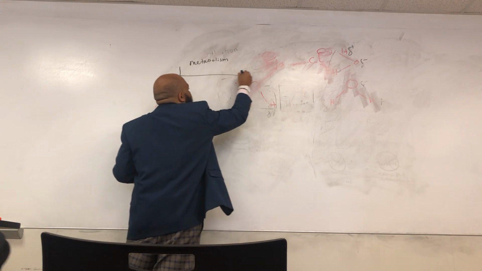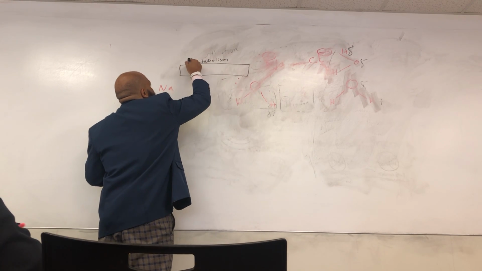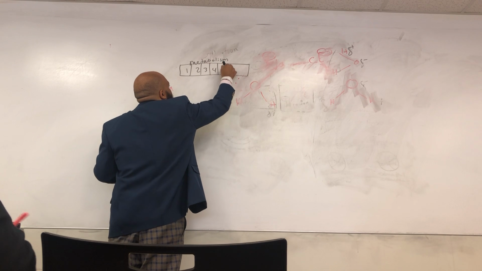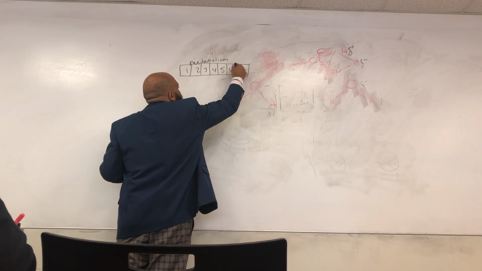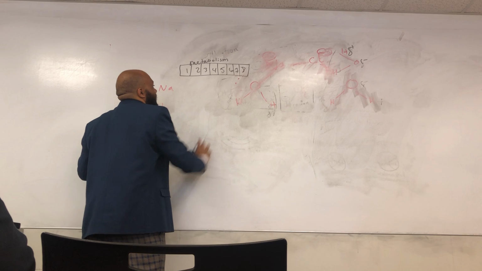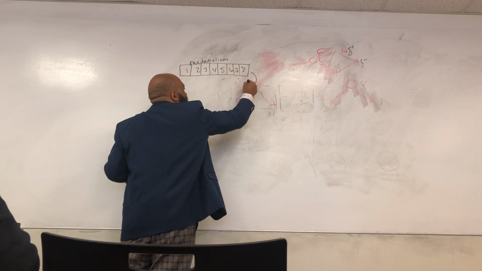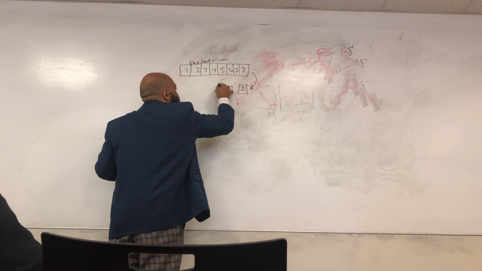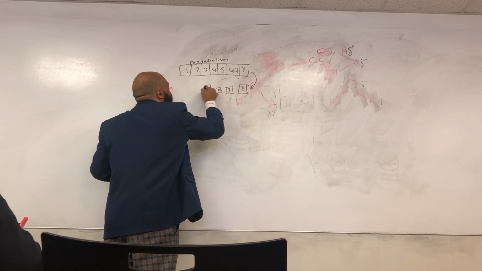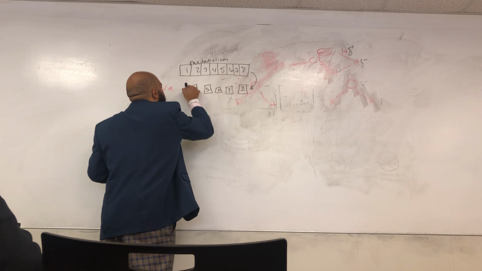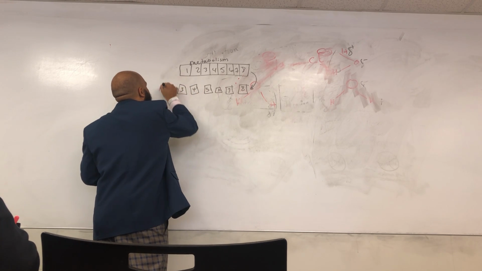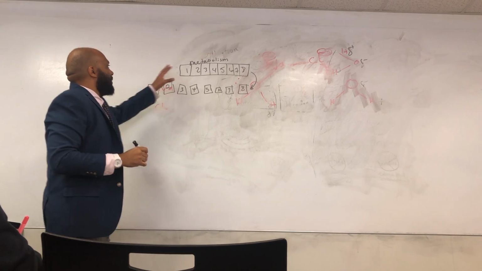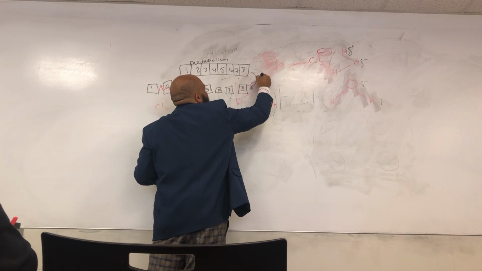Either we have a big molecule that is made up of 1, 2, 3, 4, 5, 6, 7, 8 pieces, and we break it down into 8 on its own, 7 on its own, 6, 5, 4, 3, 2, 1. So we break them down through catabolism.